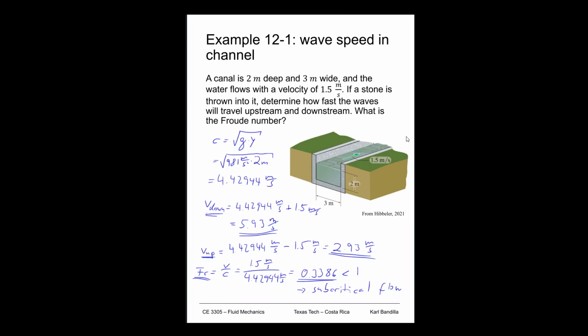So downstream we'd get 2 times the critical, and upstream we'd have 0. If we're in supercritical, then our waves don't expand upwards at all. Everything just moves downward. All right, but this was looking at the wave of a stone that we throw into this very simple channel, and we found that we are at subcritical flow.